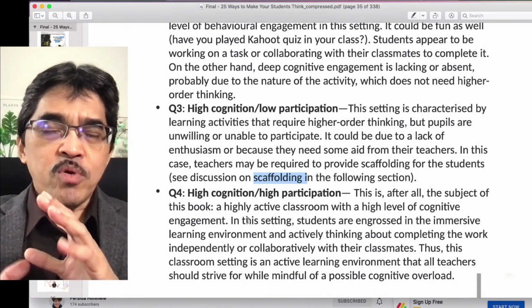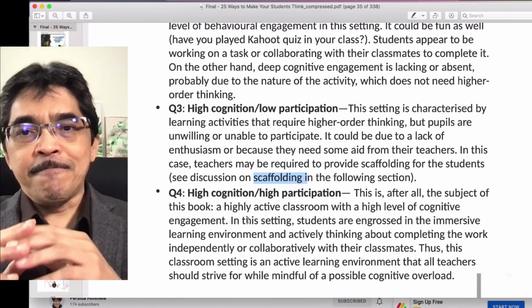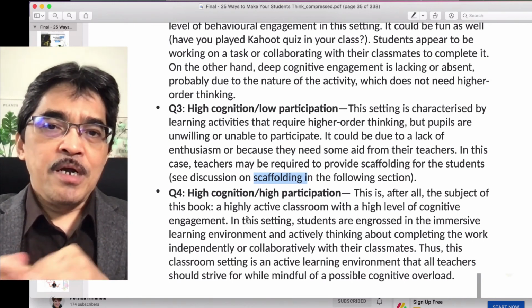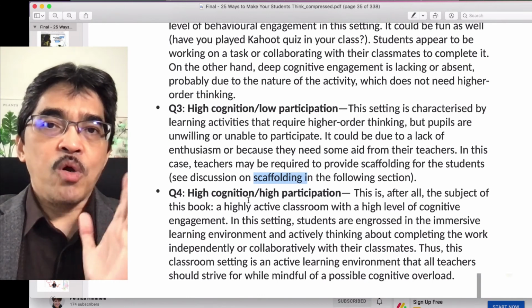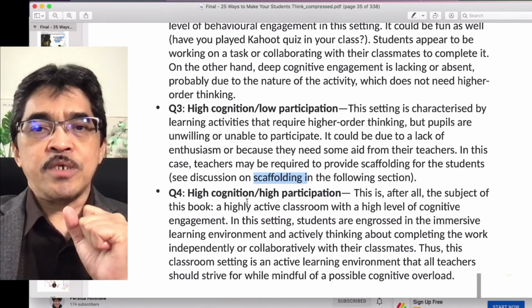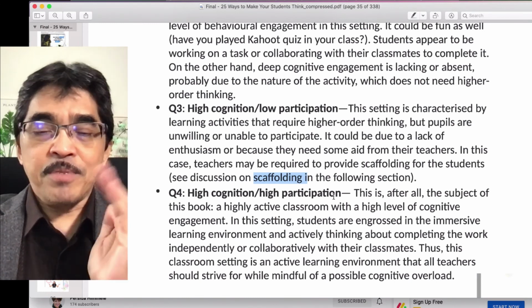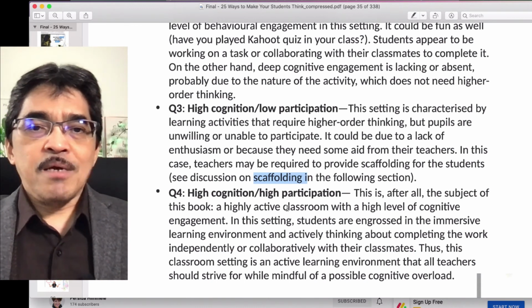In my ebook, I have 25 ways, 25 techniques that teachers can use immediately with the lesson plan, everything. That can be used for higher order or high cognition activities, and we want to get high participation here in Q4. So this is, after all, the subject of this book.